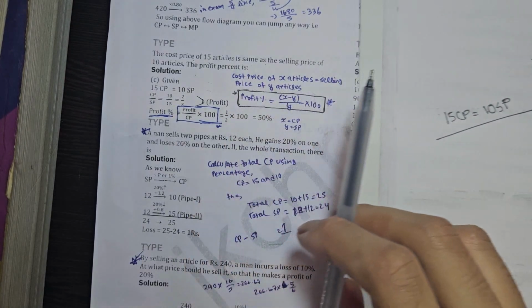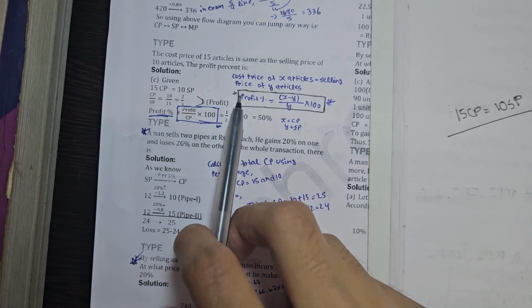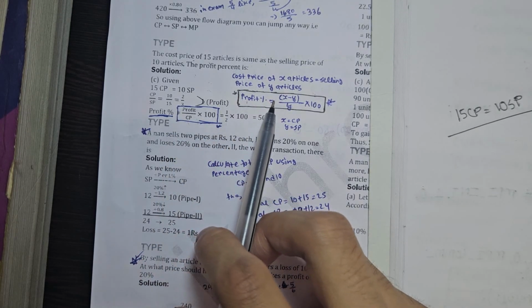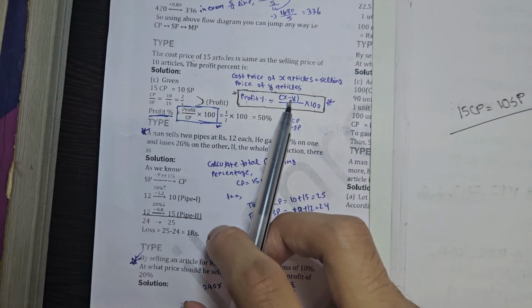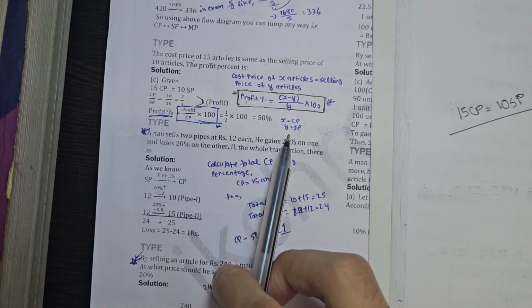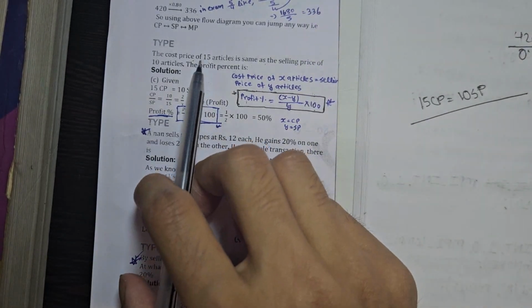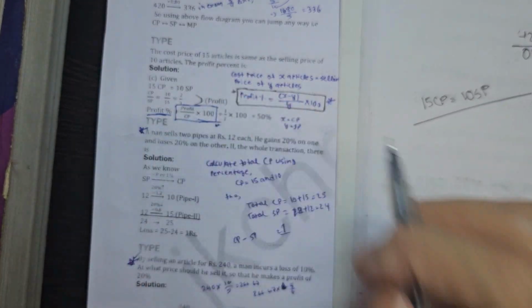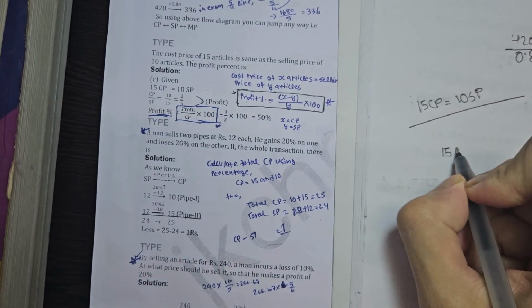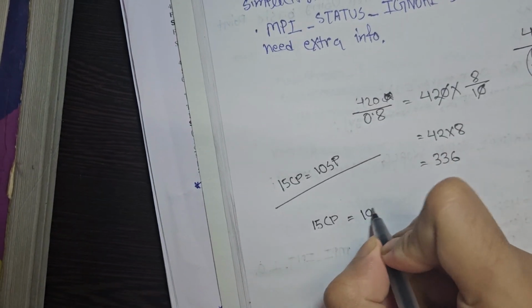Here's a formula. It is a simplified version: profit percentage is going to be (x minus y) divided by y, multiplied by 100, where x is the cost-price number of articles and y is the selling-price number of articles. We will just take these two as references. The cost price of 15 articles means 15 CP equals 10 SP.